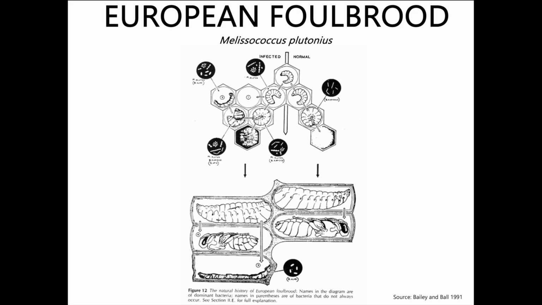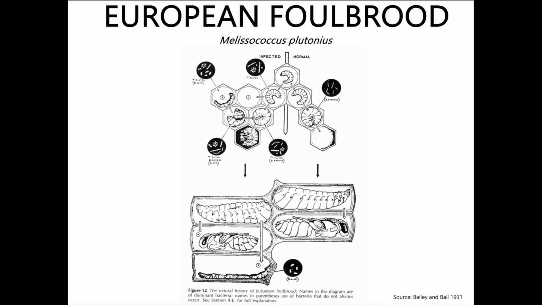Nobody quite understands it. Here we've got a healthy larva. It develops and has bacteria in its gut, good bacteria. You'll hear about the good bacteria, you eat your yogurt and all that stuff. And it caps, and you have a normal pupa, and out it comes as an adult.